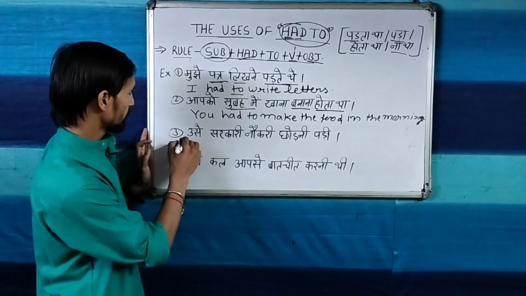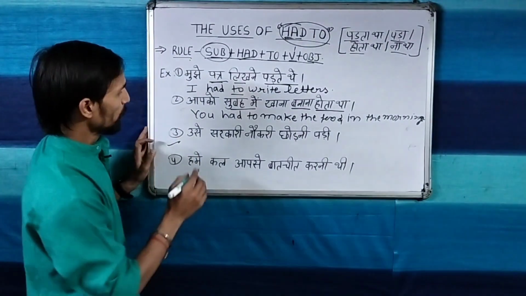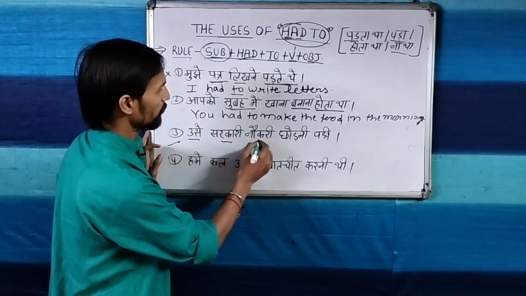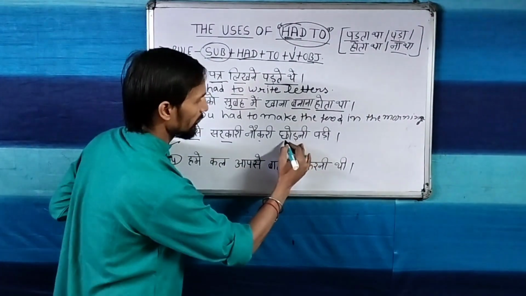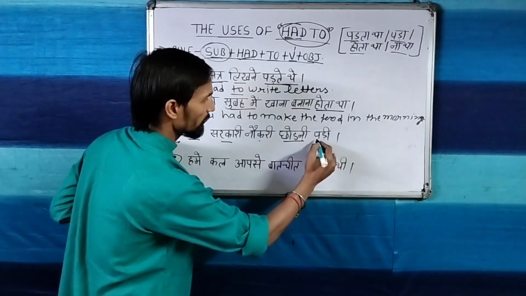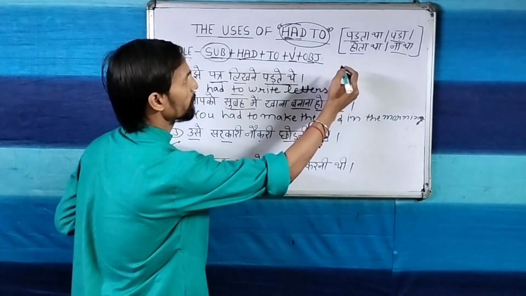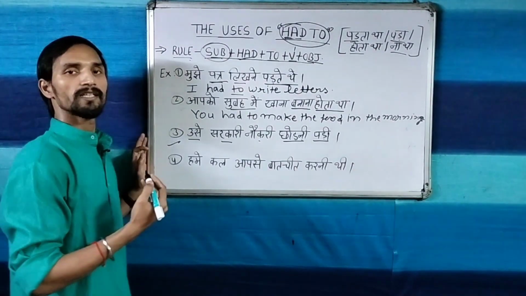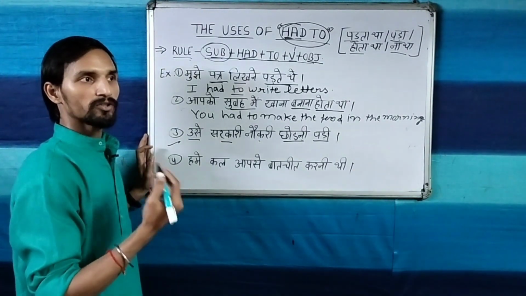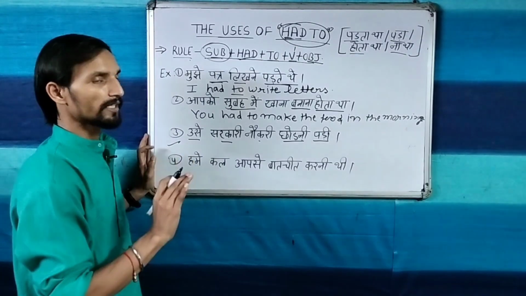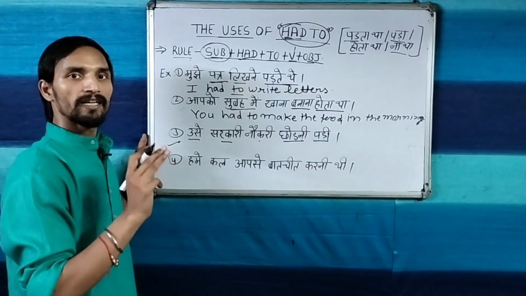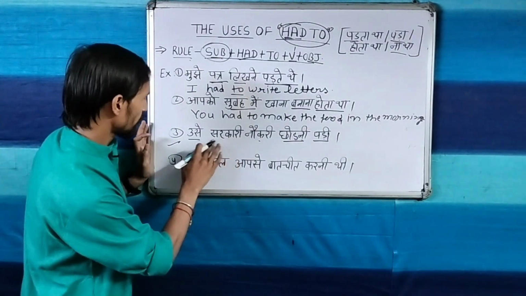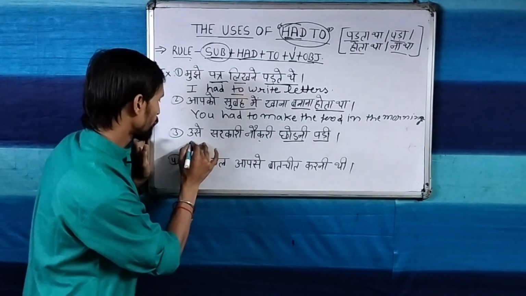Now look at the third sentence: उसे सरकारी नौकरी छोड़नी पड़ी. This is the verb, and with the verb the word पड़ी is coming. If words like पड़ा, पड़े, पड़ी are coming, this is an indication that the sentence has condition, necessity, compulsion. So there is no problem, you are going to use the had to word directly.